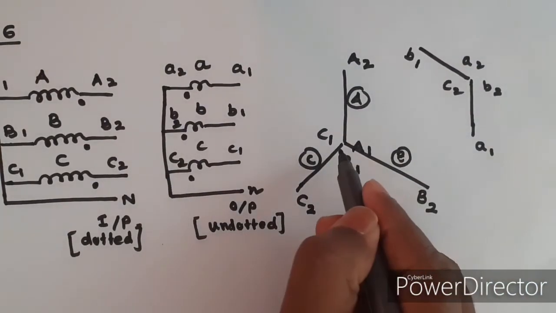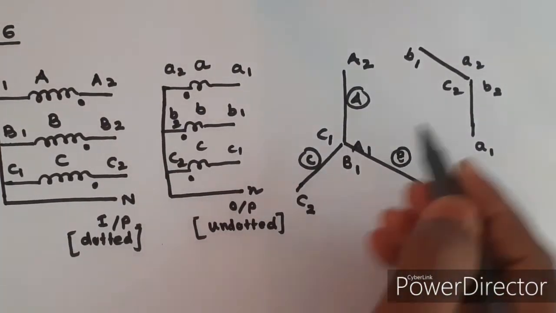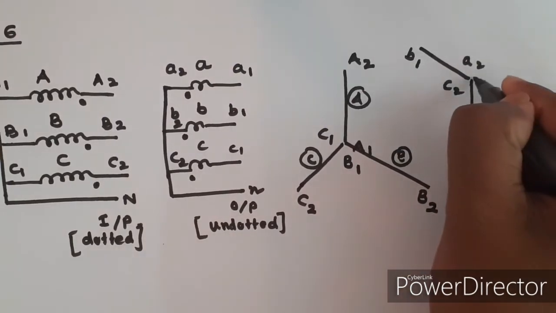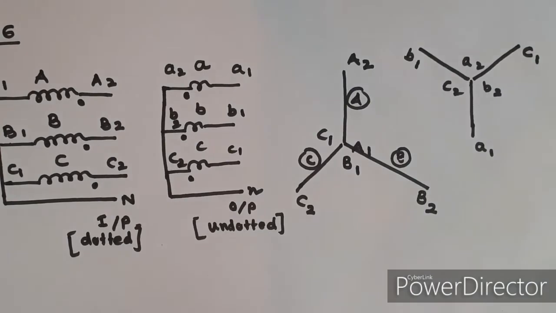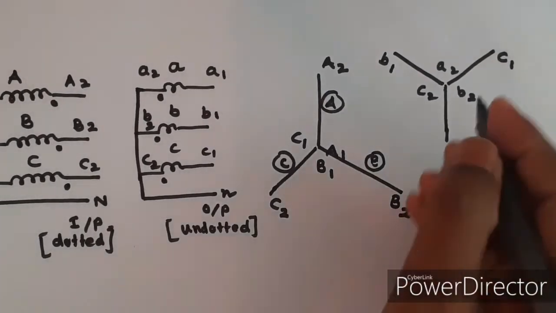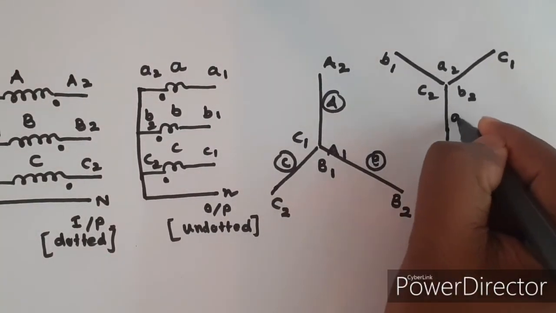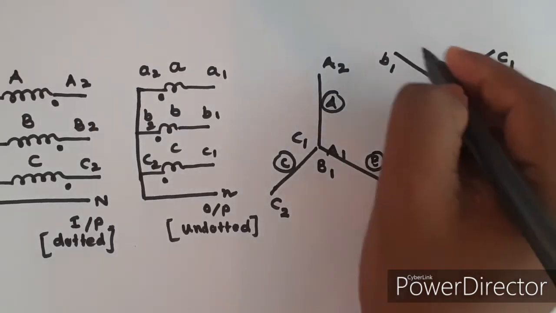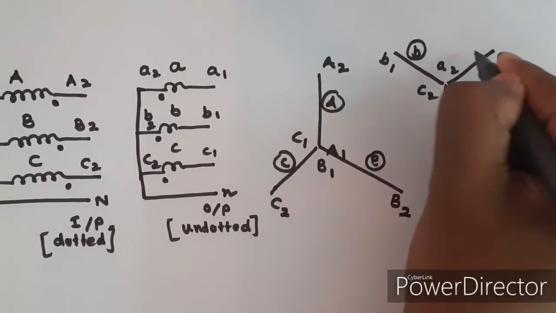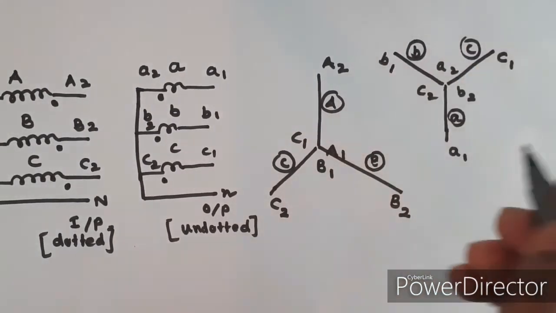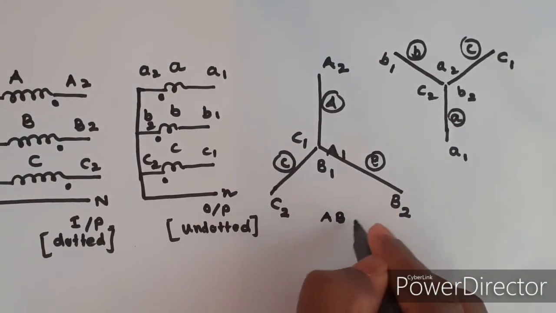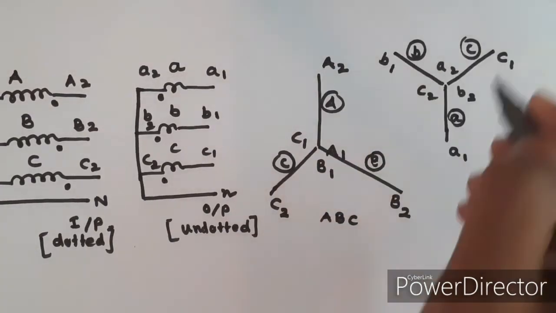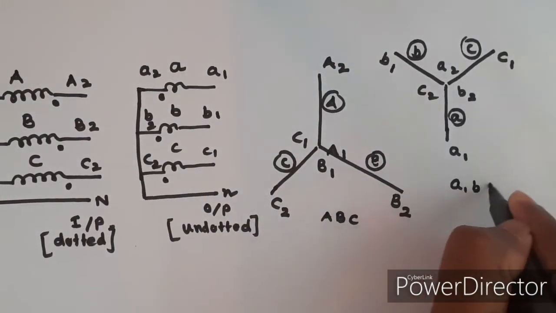Here this is C1, C2, that means C2, C1, exactly parallel. Here this is your A phase, this is your B phase, this is your C phase. The phase sequence is ABC.